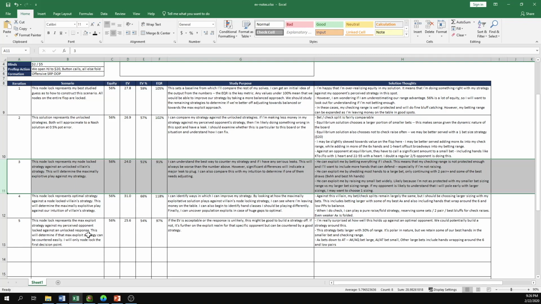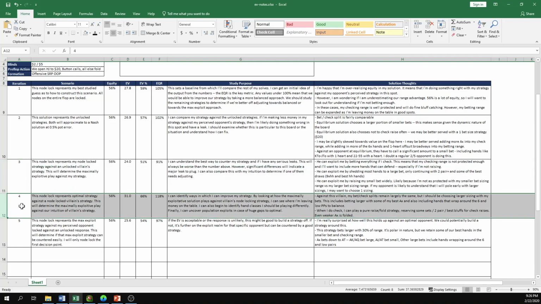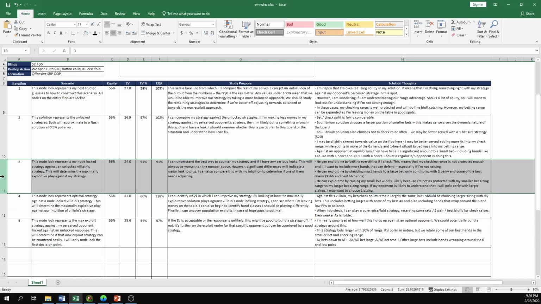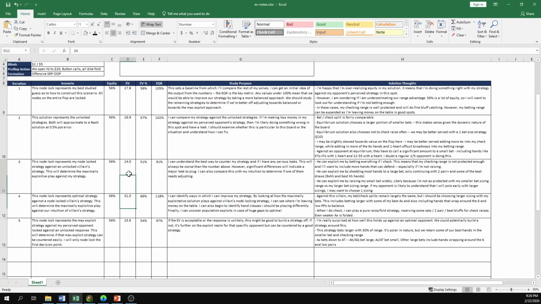Not only does this solve from solve number 4 have a higher ceiling than our original strategy, but the max exploit that villain has against us is not as bad for us as it would have been in our original strategy. So this 25.6 that we earn in EV is higher than 24 in this spot.